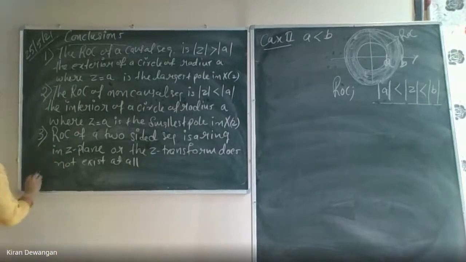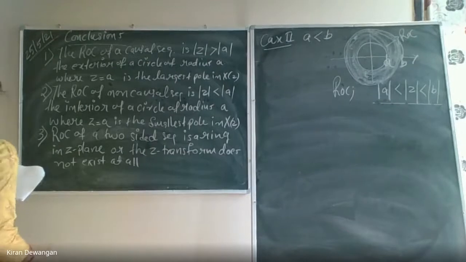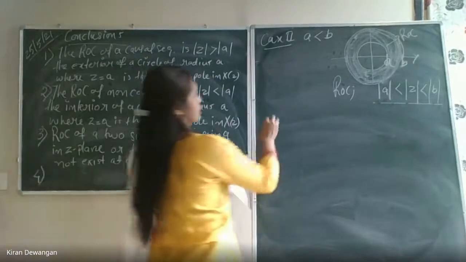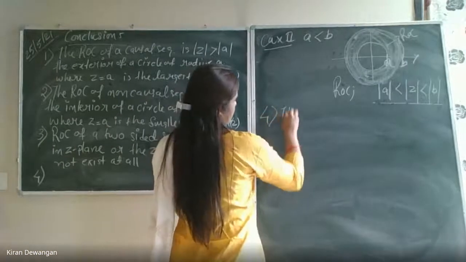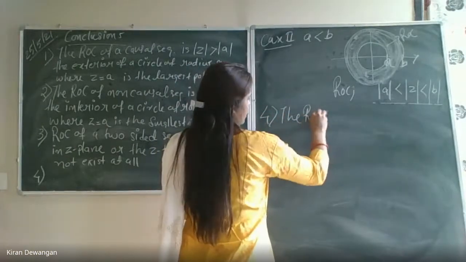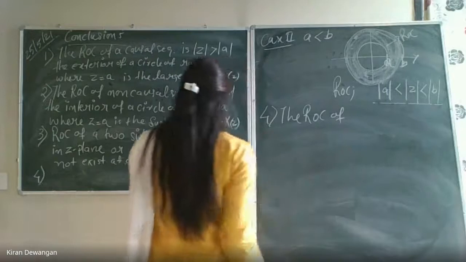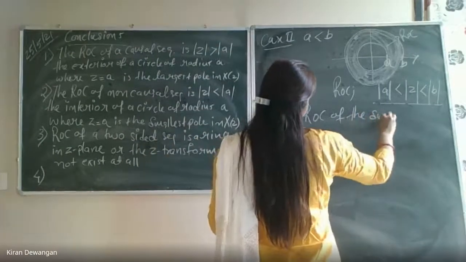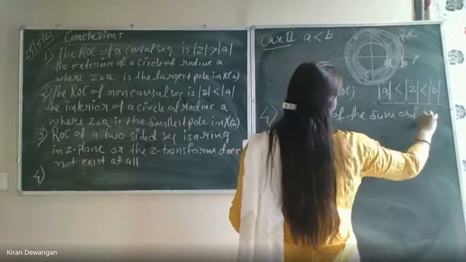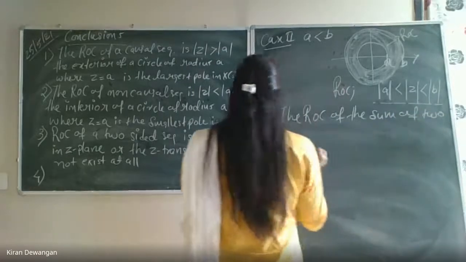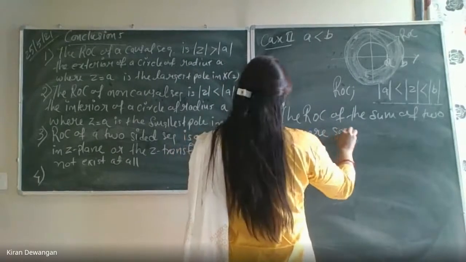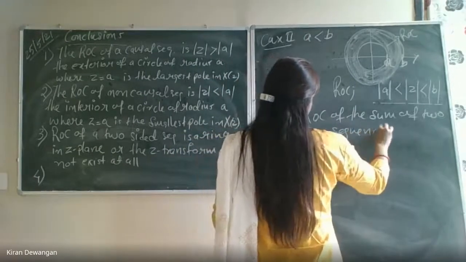That is our third point. And another point: the ROC of the sum of two or more sequences.